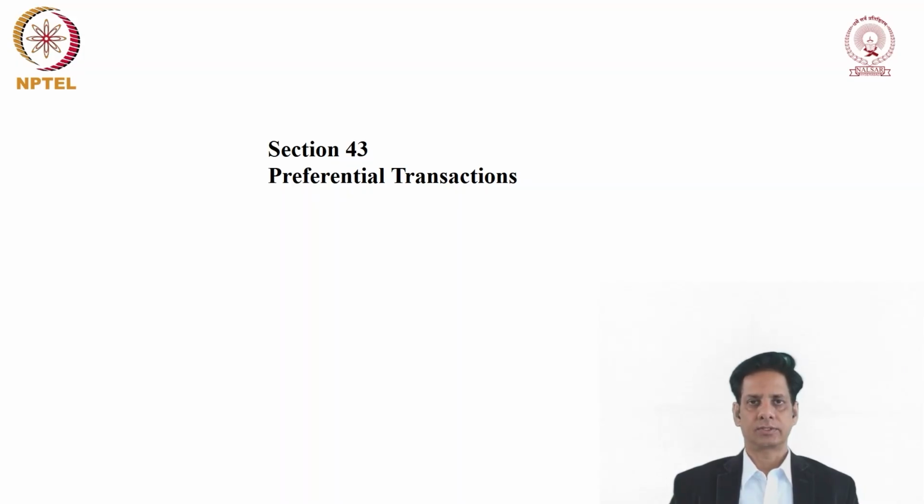Now, what are those transactions? Number 1 is called a preferential transaction, where because of the transaction done, a certain party receives a preference in time of liquidation or CIRP, which it would have otherwise not received, which is not a healthy transaction for other claimants under liquidation or CIRP.